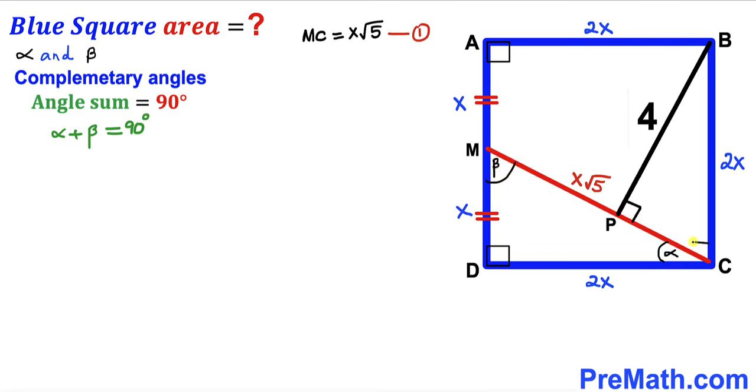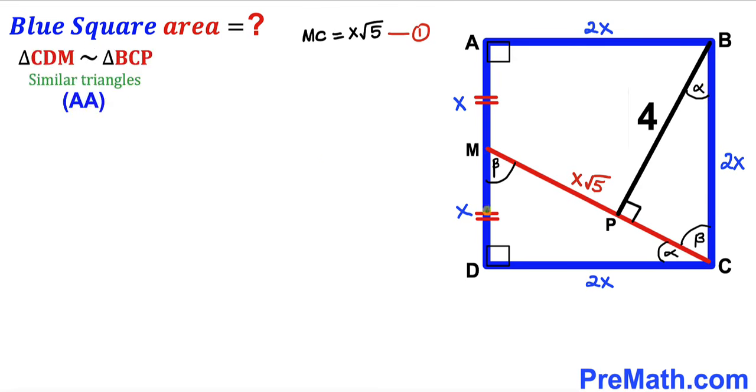Once again, we know this whole angle is 90 degrees. This angle is alpha, so this angle has got to be beta. Furthermore, in this triangle, this angle is 90 degrees and this angle is beta, so this angle has got to be alpha.